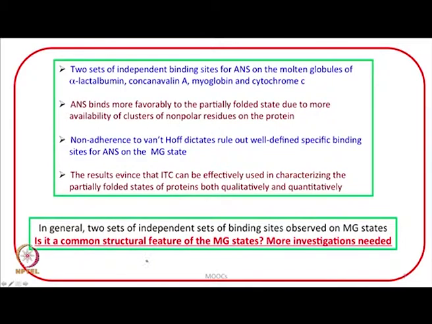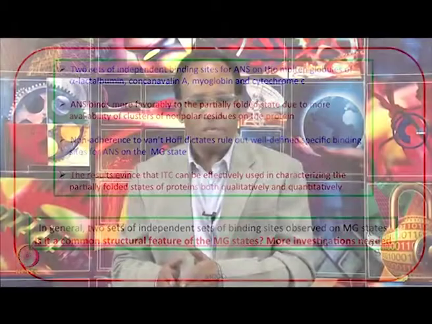So is it a common structural feature of the MG states? More investigations are needed. As I mentioned, we cannot draw conclusions based upon one protein, two proteins, five proteins, etc. The experiments should be done with a variety of proteins in their molten globule state, and also experiments need to be done with the various partially folded states which are even not fitting into the traditional definition of the molten globule states to draw more general conclusions.